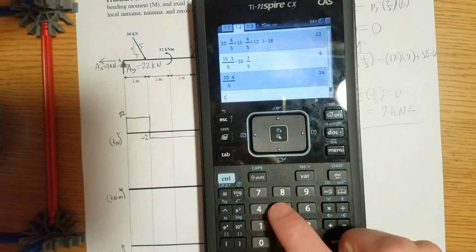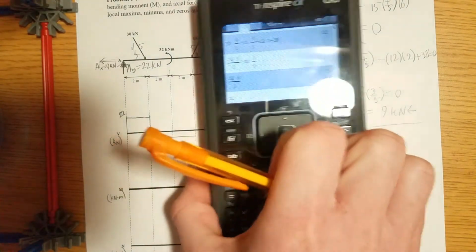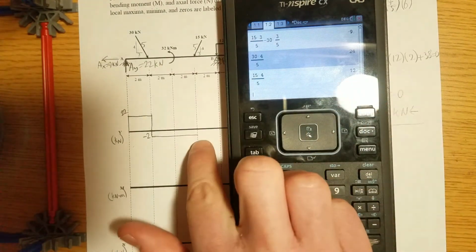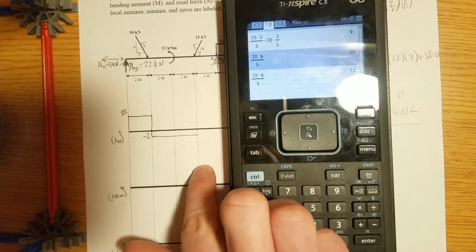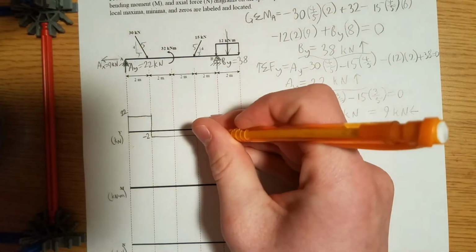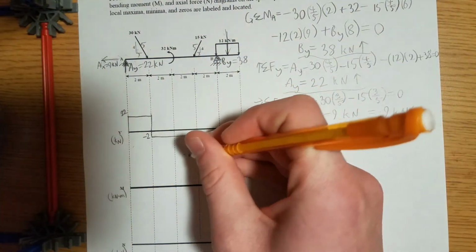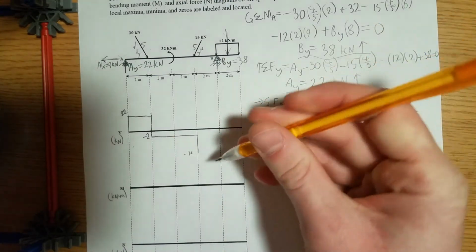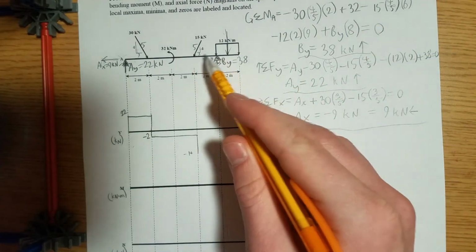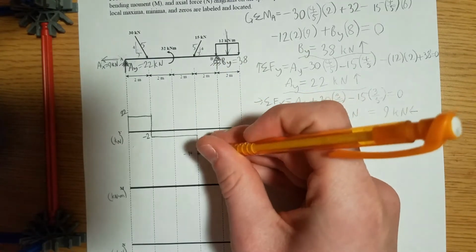We're going to take 15 times 4 divided by 5. And this is 12. So from wherever we're starting, we'll go down 12 because this is pointing down. So we started at -2. We go down 12. We're going to have -14. Okay? And then from here on, nothing really changes it.